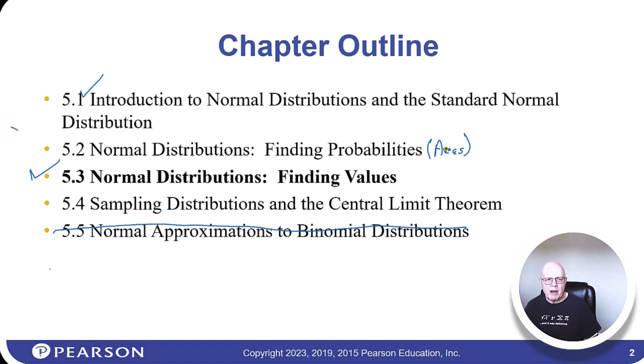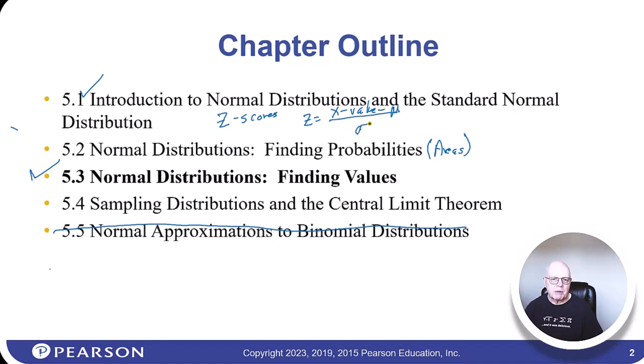What do we mean by values? Well, if you remember, up here in section 1, we were talking about z-scores. And we can get z-scores by using this formula. Take the x, which is a value that we would think of as a normal, typical value. Subtract the mean for that particular normal distribution.